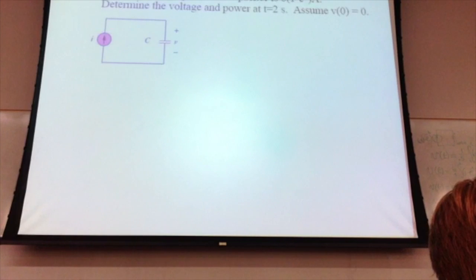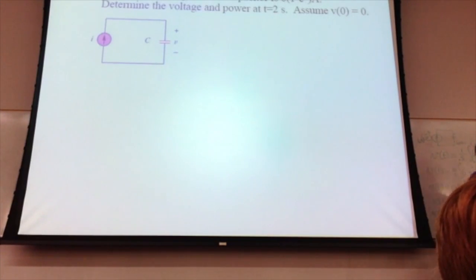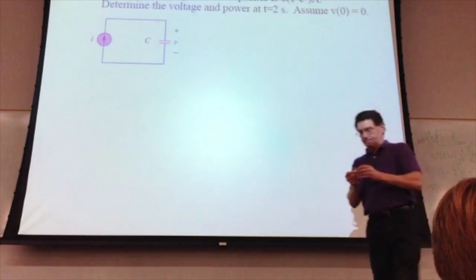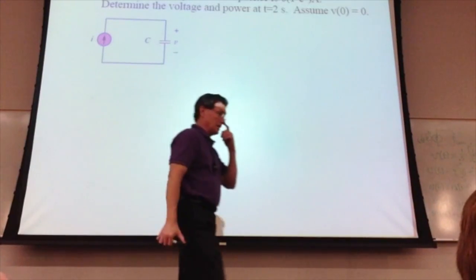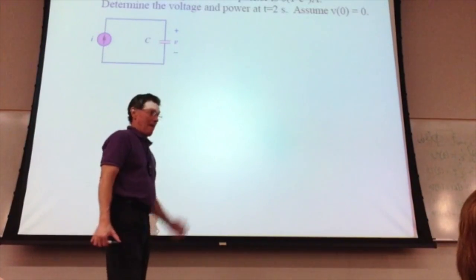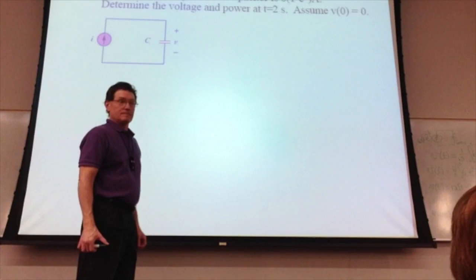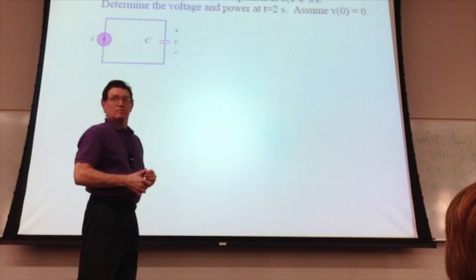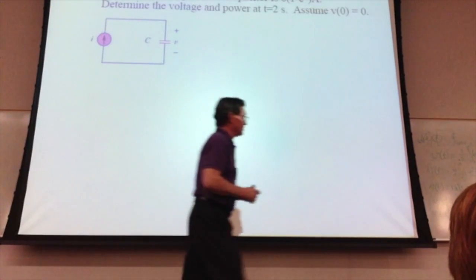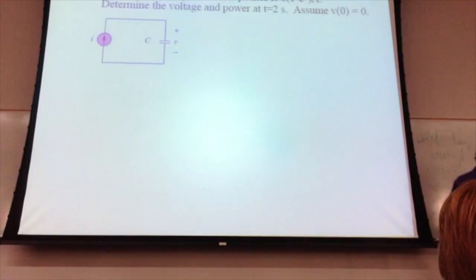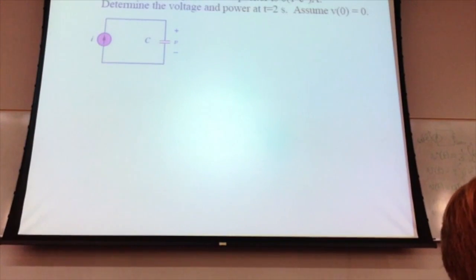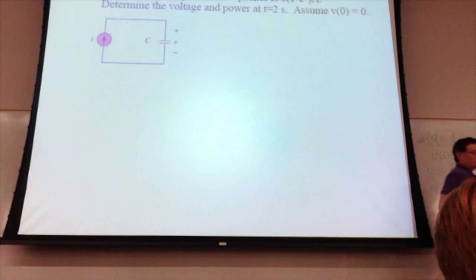I at t equals 2 is equal to 6 times 1 minus e to the minus 2. I need a number for that one. It's e to the minus 2. I'm sorry, because I'm substituting it in right here. E to the minus 2.